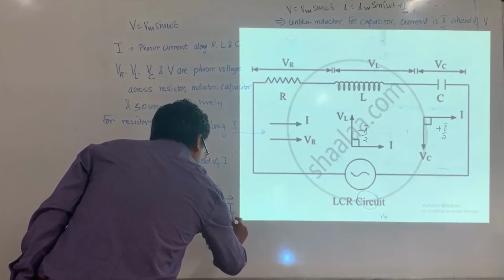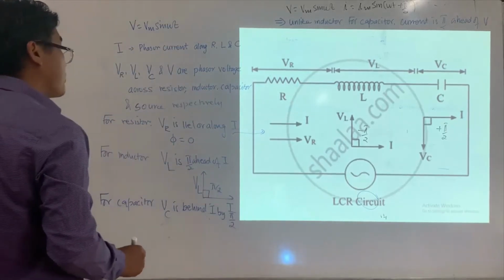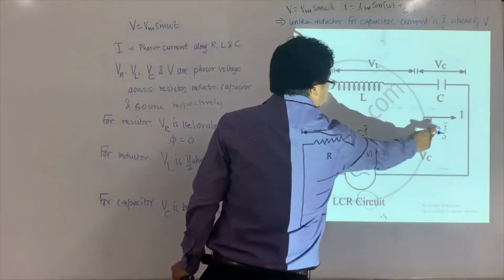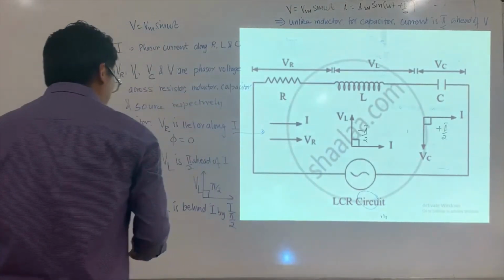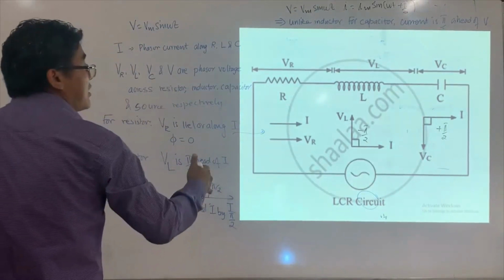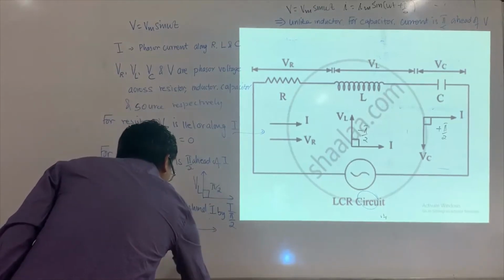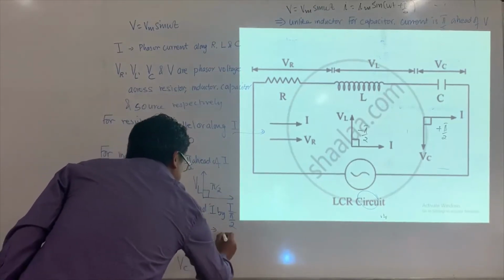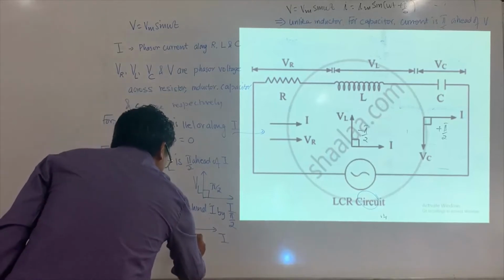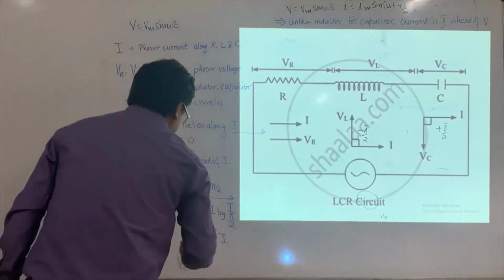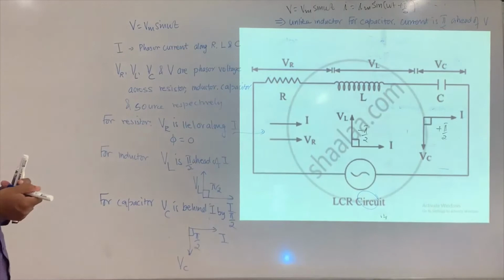So current is leading. So the diagram I would like to write is this is VC, this is I, and this is pi by 2. This is what we have, right?